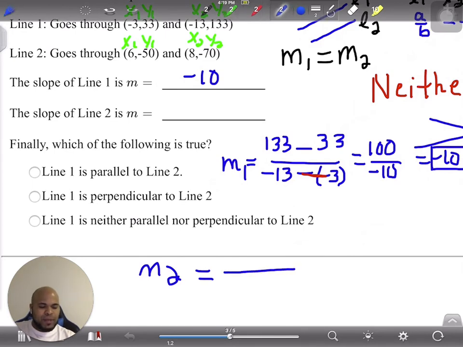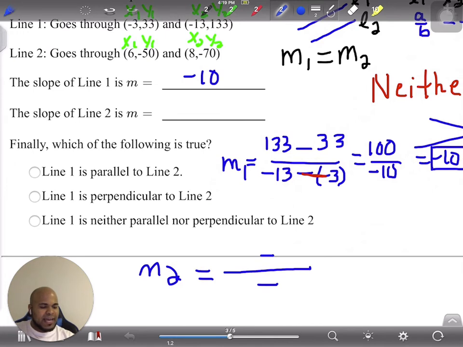Here you have to pay close attention to your algebra and your simplifying skills, because one wrong sign will make the entire problem wrong. This is negative 7 and negative 50, and this is 8 minus 6. When you simplify, negative 7 minus negative 50 turns into a plus, and that will be negative 20 over 8 minus 6, which is 2.